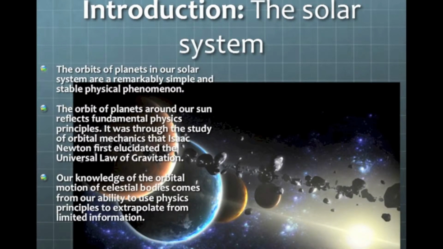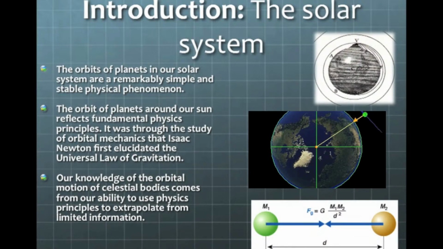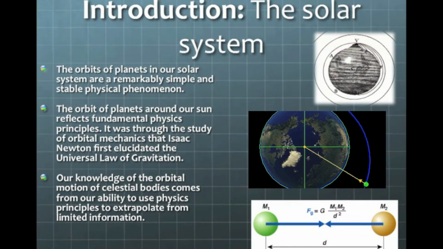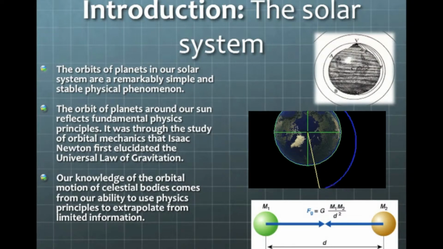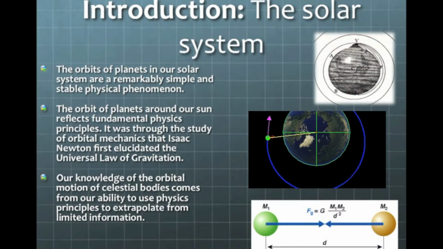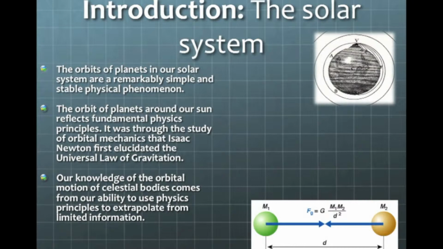The orbits of planets in our solar system are remarkably simple and stable physical phenomena. The configuration of the orbits in our solar system stays stable for up to 200 million years. The orbit of planets around our Sun reflects fundamental physics principles, and it was through his thought experiment in 1687, his orbital cannon, that Newton first came up with the universal law of gravitation, the idea of the universality of gravitational forces that objects exert on each other.